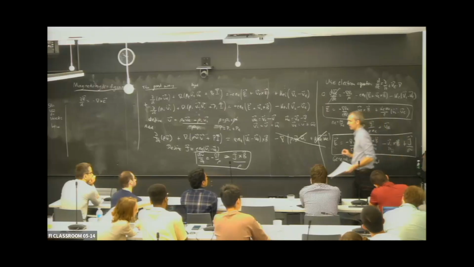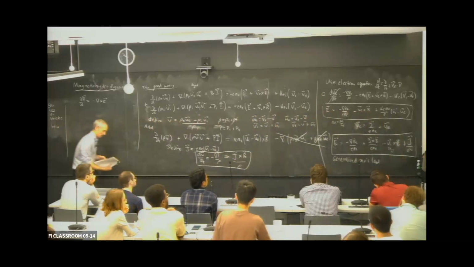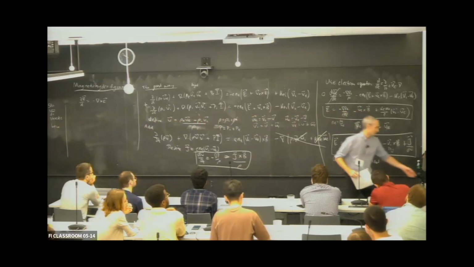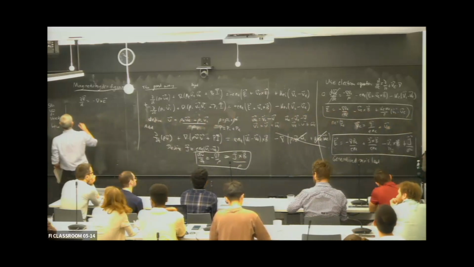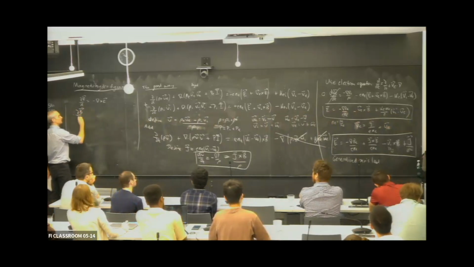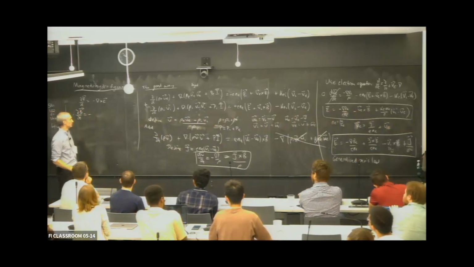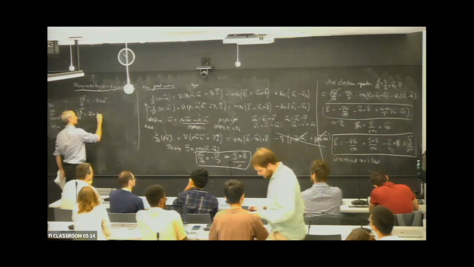So that's your generalized Ohm's law. If we go back to our Maxwell equations, dB/dt is minus the curl of E, which is the curl of V cross B.